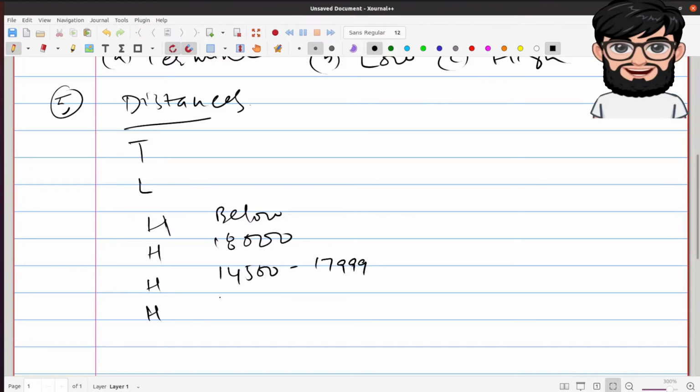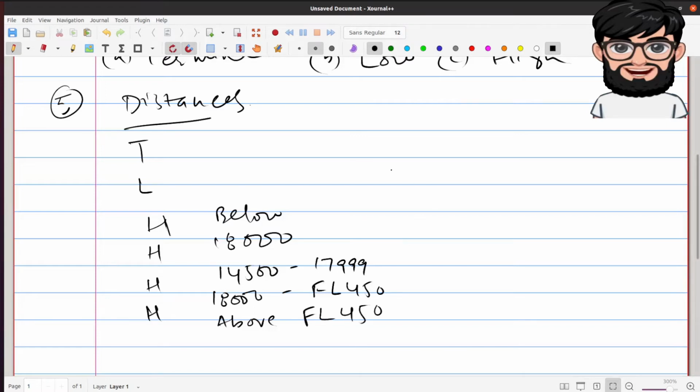Then you have the 18,000 to flight level 450, then above 450. So that's why we talk about them separately.